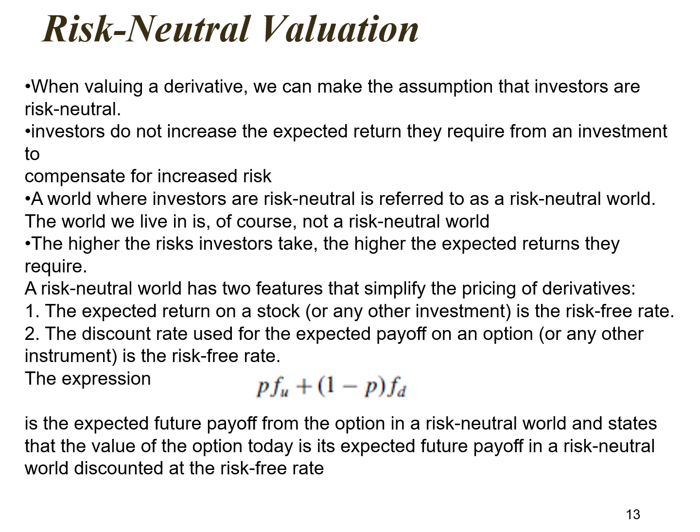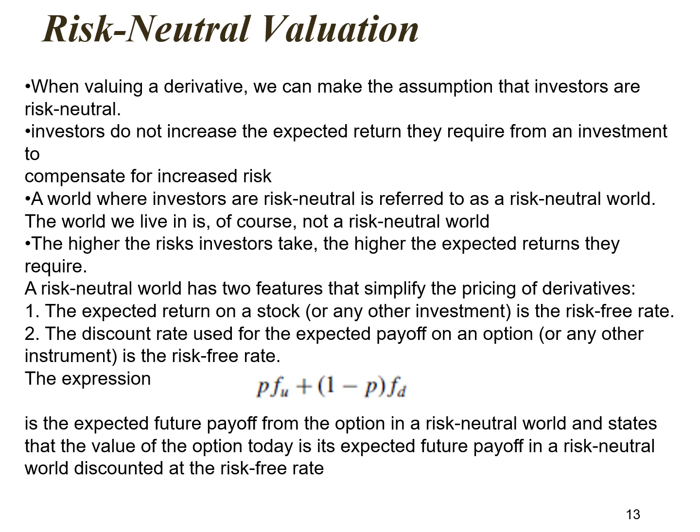A risk neutral world has basically two features, which are directed towards simplifying the way derivatives are priced. The first assumption here is that the expected return on a stock is the risk-free rate, and the discount rate which is used for calculating the expected payoff of an option is the risk-free rate.